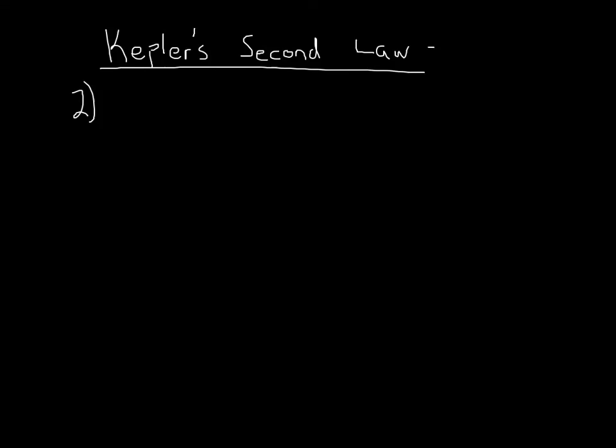Kepler's second law tells us how fast planets actually orbit. It tells us that planets sweep out equal areas in equal times.